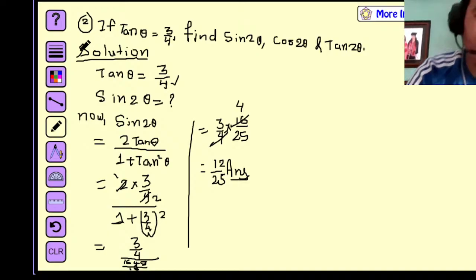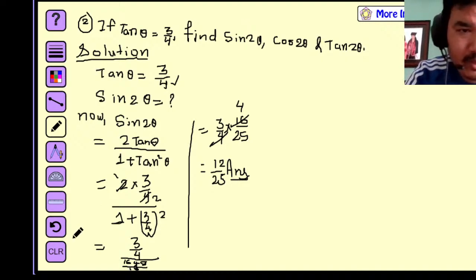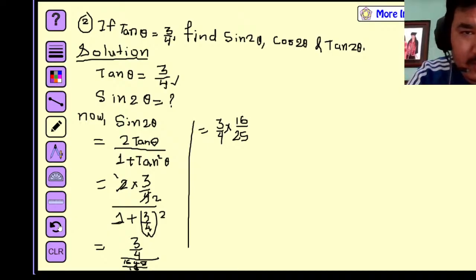Its answer has come here. Look, here once what we did, I just want to repeat here. Here we have already cancelled, so here will be 2 only. Let me make a correction once here, we have jumped a little bit there. That's why I want to repeat it again.